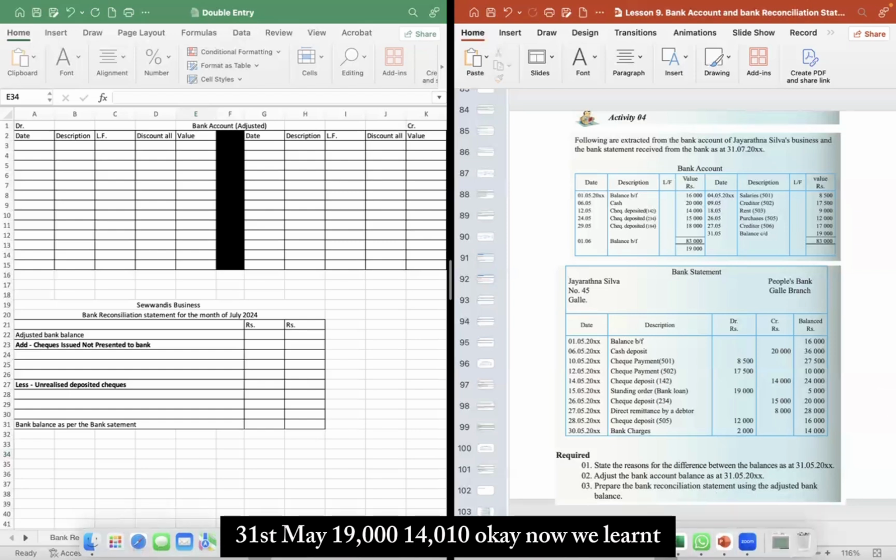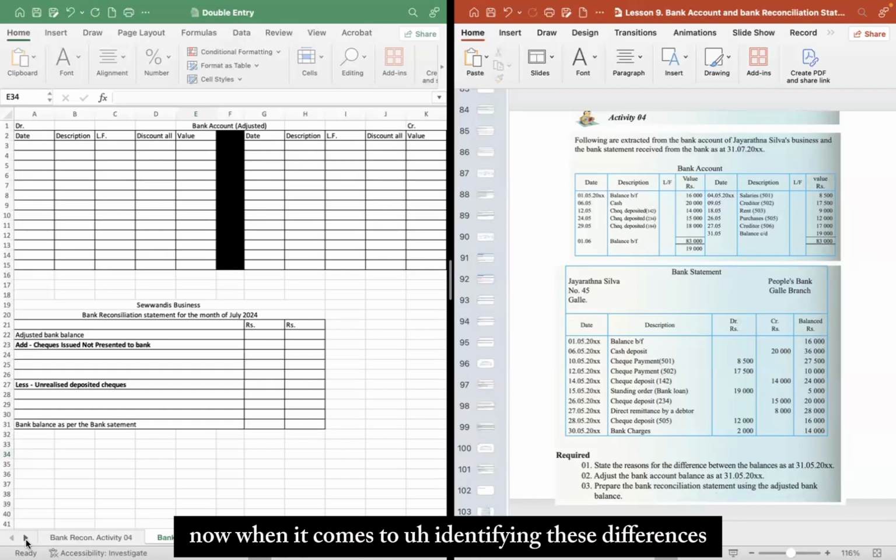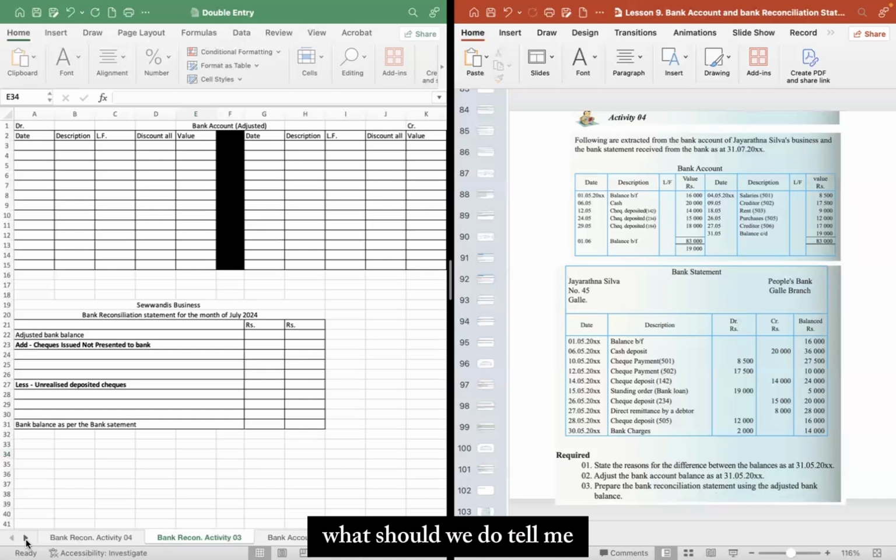Now we learned, when it comes to identifying these differences, what should we do? Tell me. What should we do to identify these differences between the bank account and the bank statement?